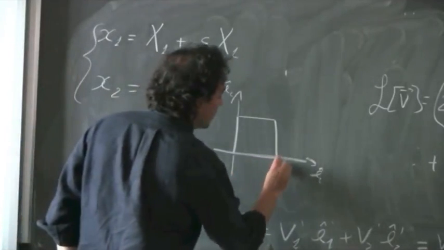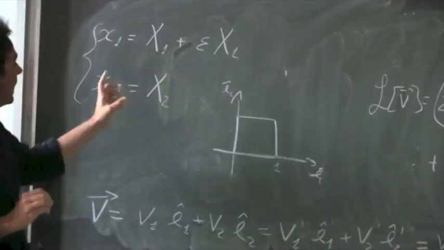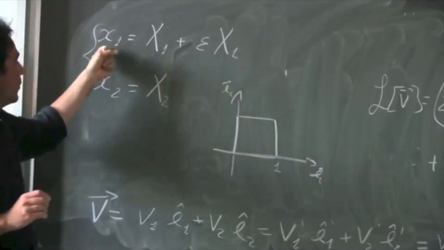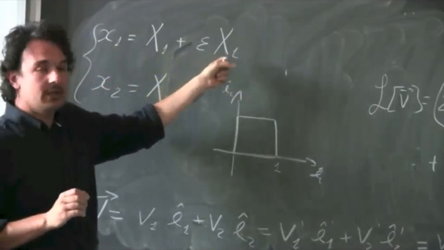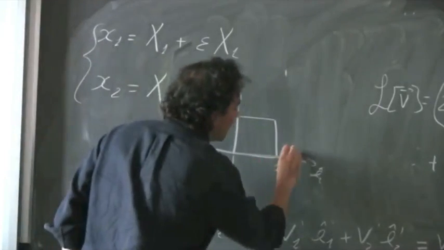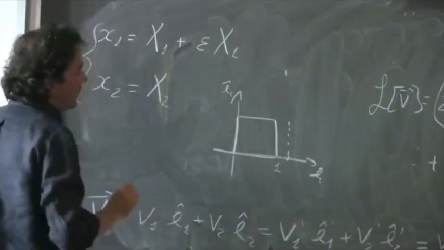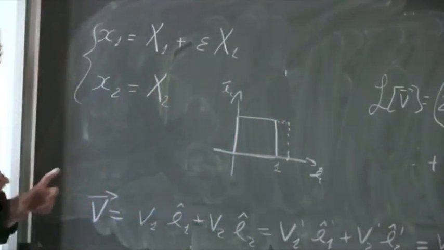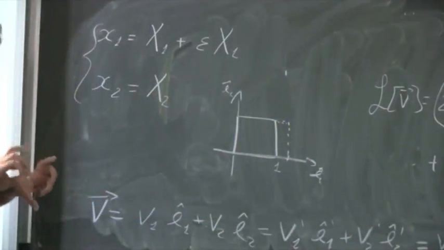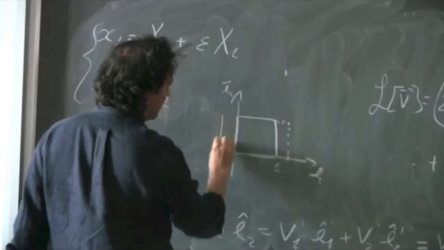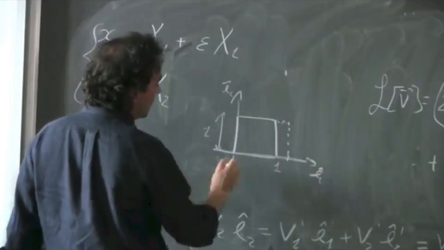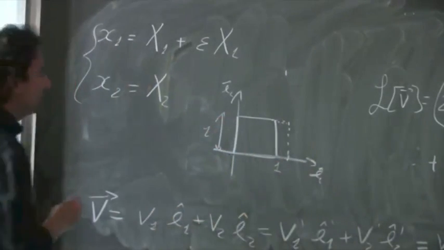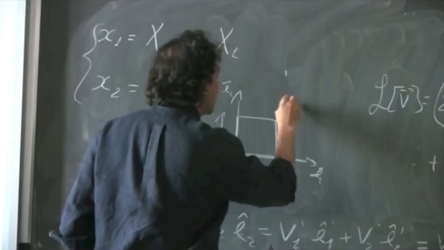If the coordinate here is 1, at the end of the deformation you have small x1 equal to 1 plus epsilon. So the final shape is not a square anymore, but a rectangle. The height of this rectangle is 1, and the base is not 1 anymore, but 1 plus epsilon.